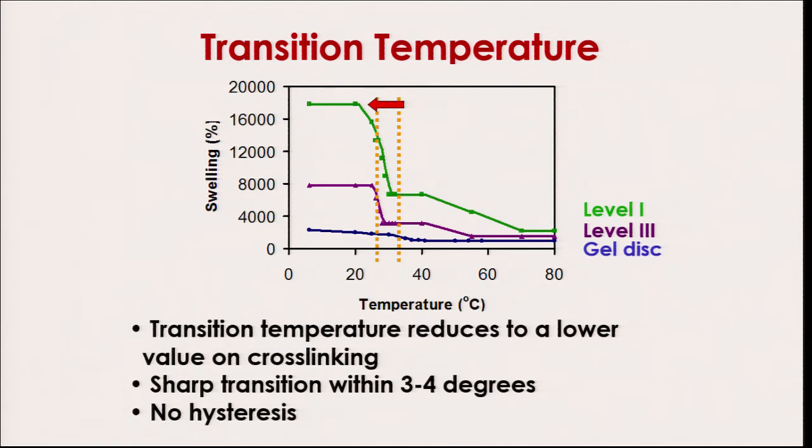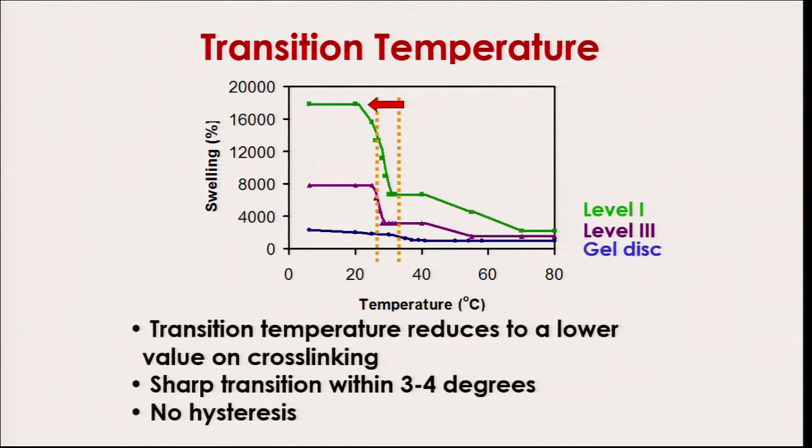So, looking at the transition temperature, as I had mentioned, the transition is pretty sharp. It happens within 3 to 4 degrees. There is a sudden drop in the swelling behavior of the fiber, and please notice that when the degree of cross linking is low at level 1, the swelling is more.